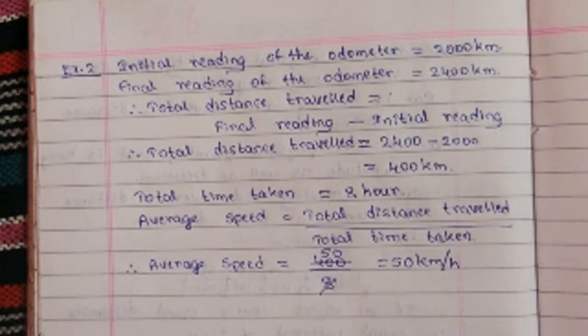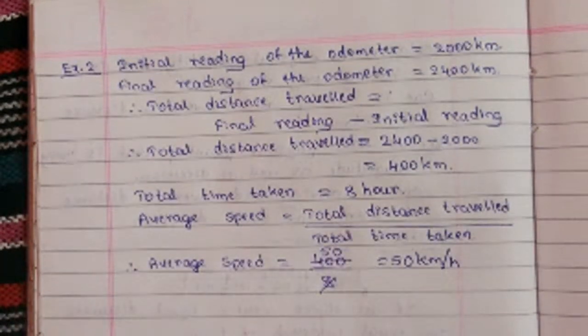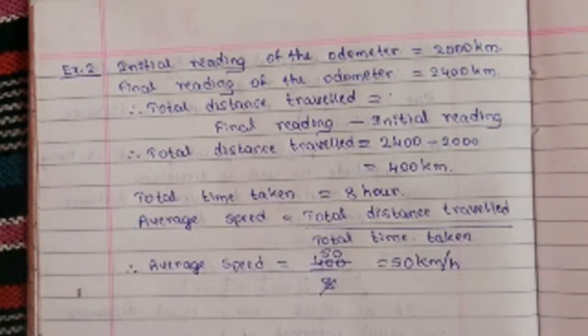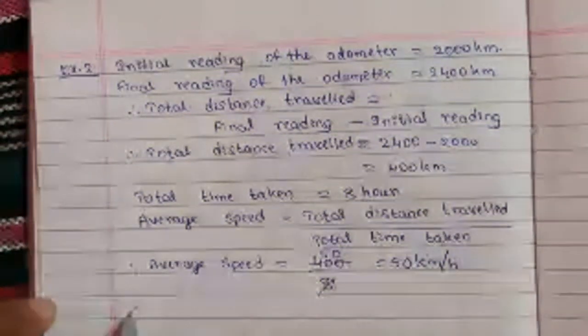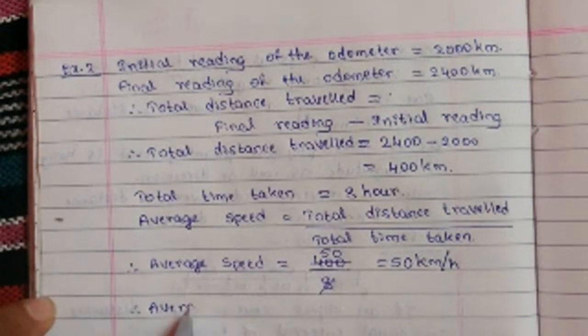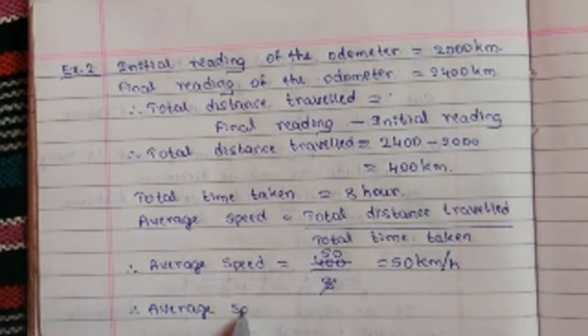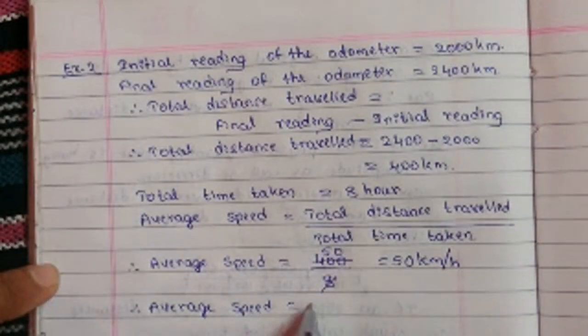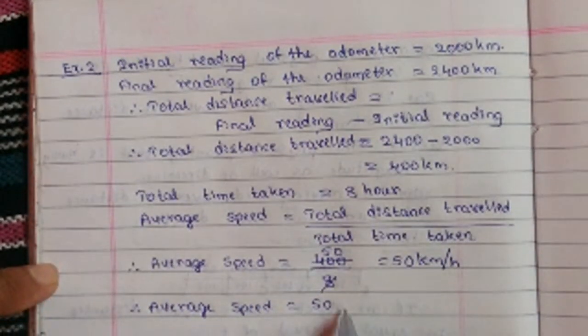Then they also ask to show the average speed in terms of meter per second. To write that, average speed equals 50.